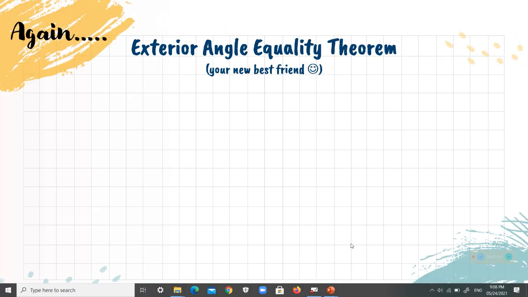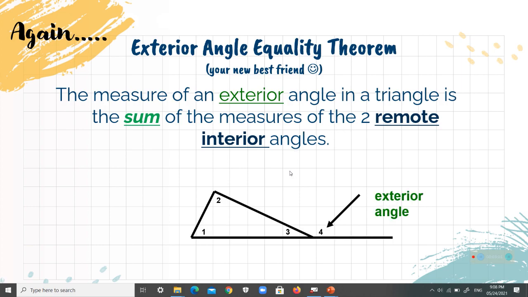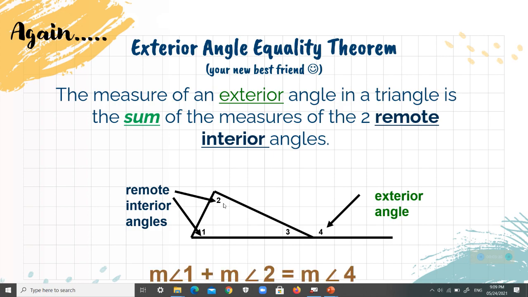So again, the exterior angle equality theorem, your new best friend, aside from the triangle inequality theorem: the measure of an exterior angle in a triangle is the sum of the measures of the two remote interior angles. So we have the exterior angle, and the remote interior angles are angle 1 and angle 2.